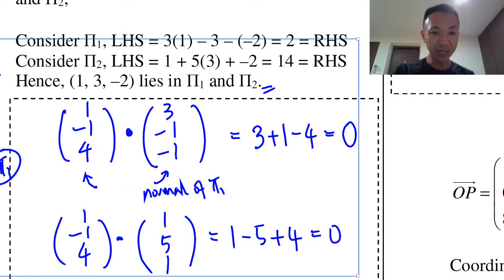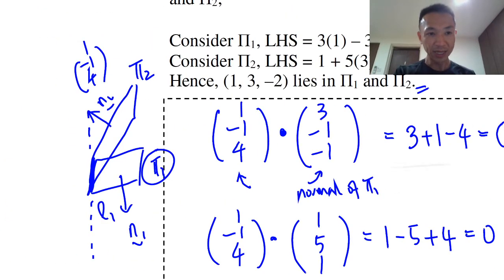What we have shown here is that I take the normal vector, dot this vector, I get 0. It means these two are perpendicular, which means 1, minus 1, 4 actually is parallel to pi 1. Next, this n2. I took 1, minus 1, 4 dot n2.